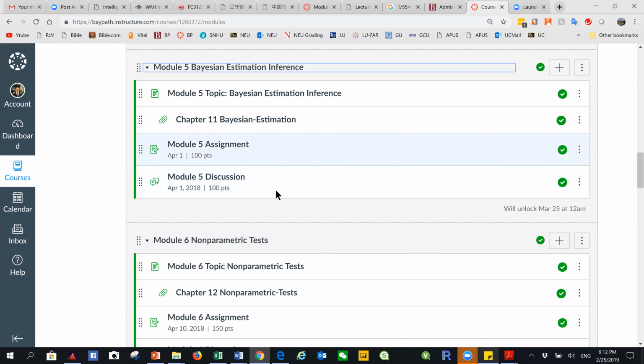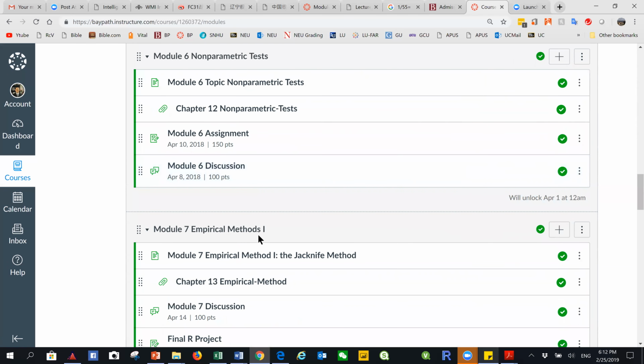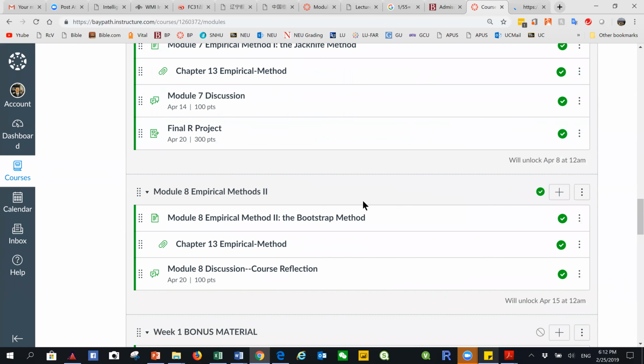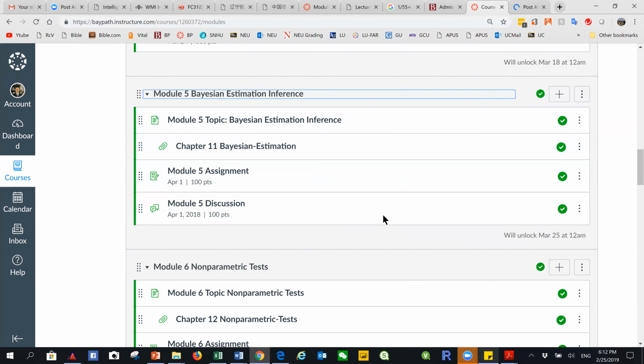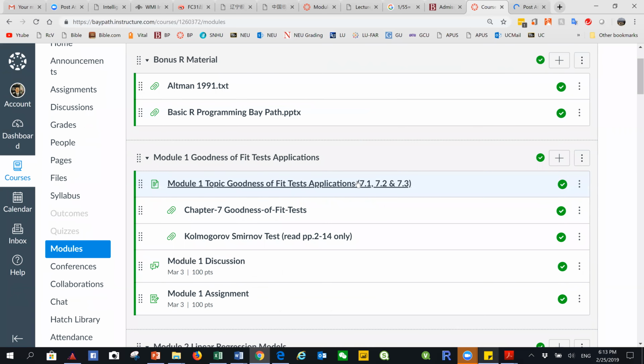Okay. And then non-parametric tests, and lastly, empirical method. Empirical method, we have 2 sections. We talked about jackknife method and bootstrap method. Okay, so this is an overview of the statistical methods we will go over in these 8 weeks.